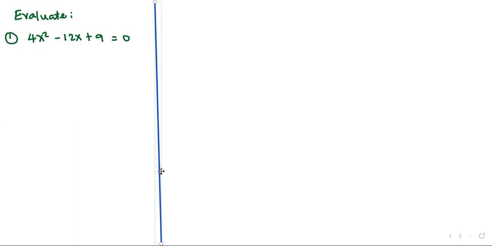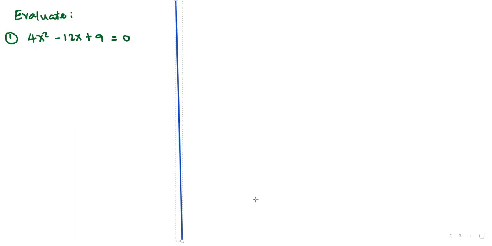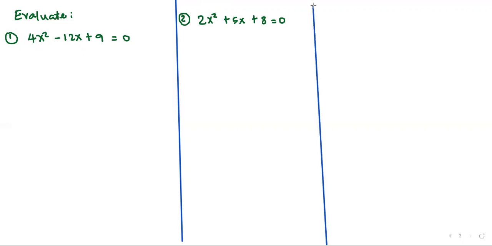After that, we will evaluate another one. Let's call it number 2. So this one, let's have 2x squared plus 5x plus 8 is equal to 0. Let me draw another line here so that we can get number 3.